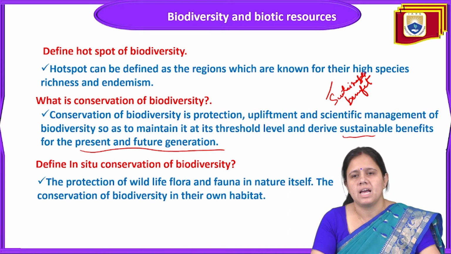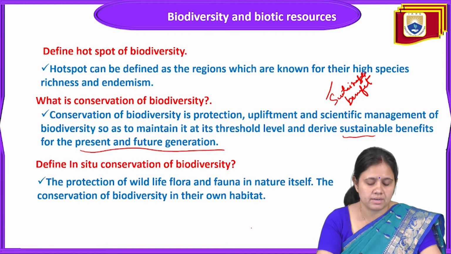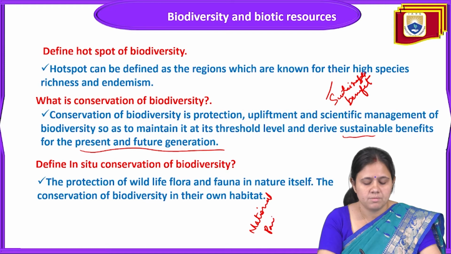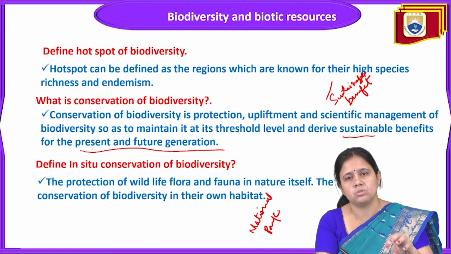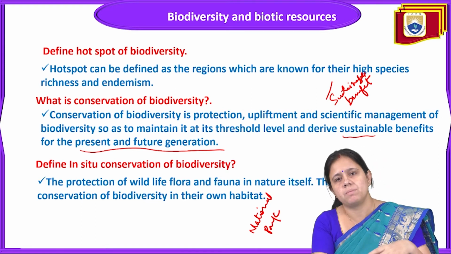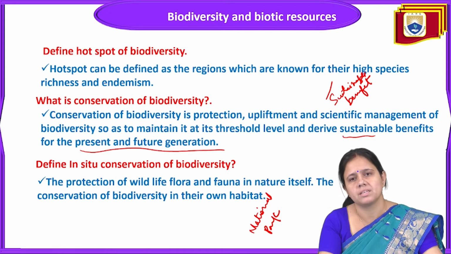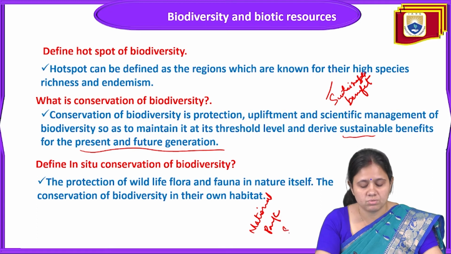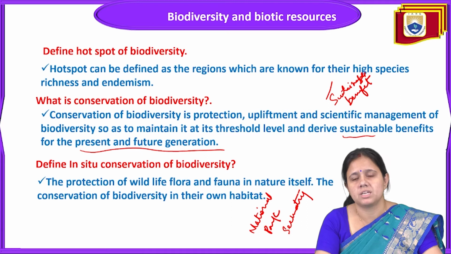Its example is the national parks. National parks are places that should be protected to conserve the biodiversity where they belong. A sanctuary is also an example of this in situ conservation.